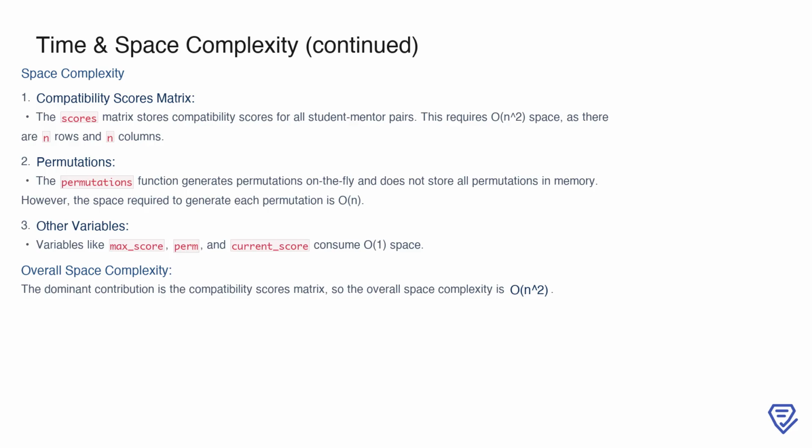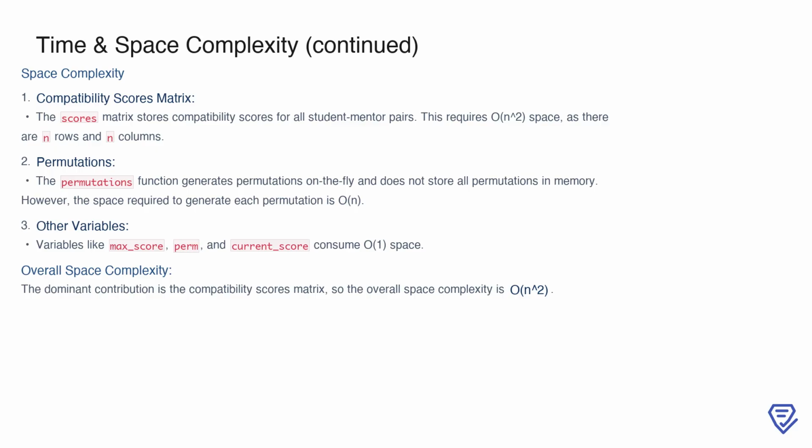Next, let's examine the space complexity. The primary space requirement comes from the compatibility scores matrix, which stores the scores for all student-mentor pairs. Since there are n students and n mentors, the matrix has n rows and n columns, requiring O(n²) space. The permutations function, on the other hand, generates permutations on the fly without storing all of them in memory.